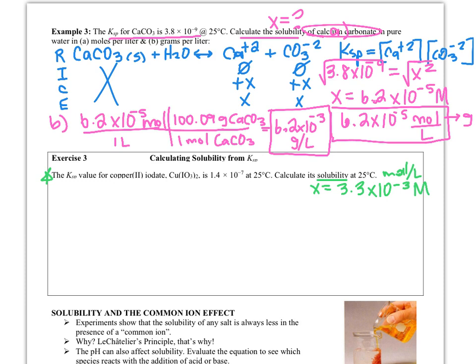And so when you're finding this one, you're going to do it the exact same way we just did the other one. The only thing that's really going to be different is you're going to have 2 iodates. So it's going to be 2x. That's going to make your math a little bit harder, but not bad. So you should be able to do it and try it, and we'll talk about it if you have questions in class.